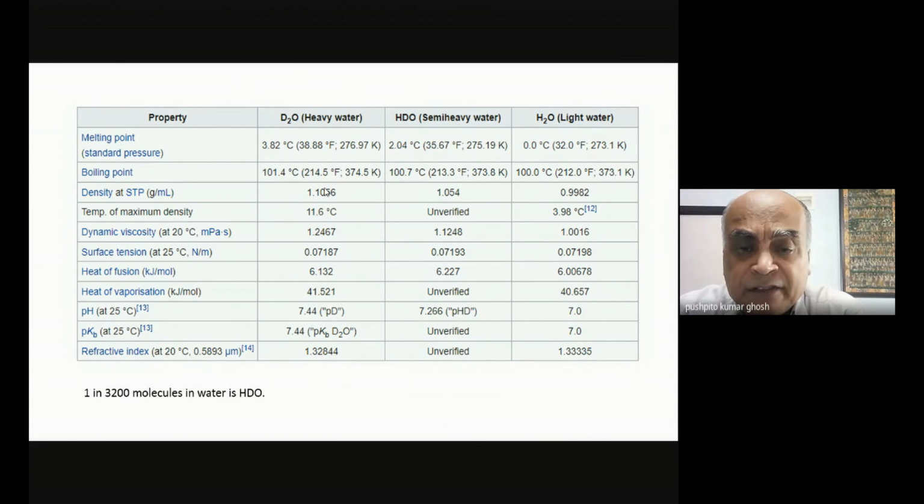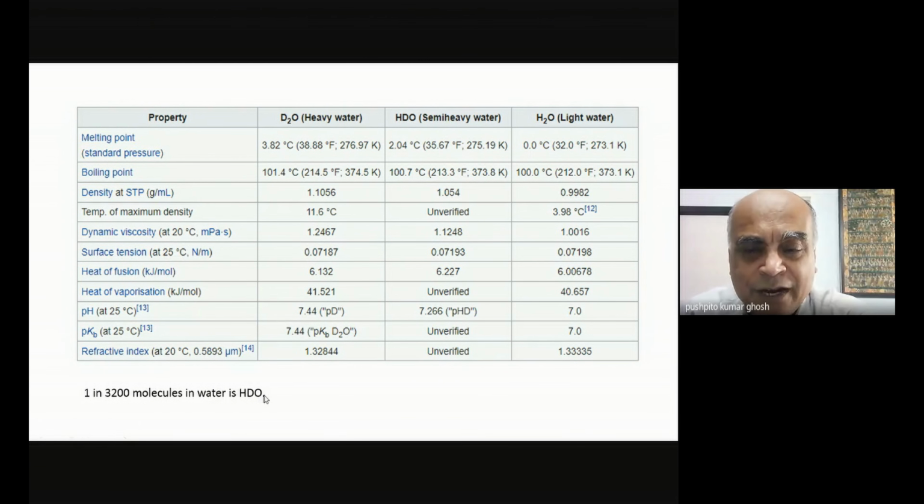India has developed excellent technology over the years in being able to get deuterated water, and just so that you understand how complex a task it is: if you take normal water or seawater, out of every 3,200 molecules, only one is HDO.